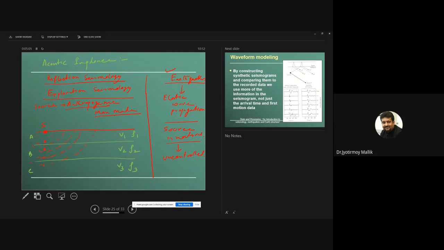The product of the velocity of the elastic wave and its density is called acoustic impedance. So v1 rho 1, or v2 rho 2, or v3 rho 3 is called acoustic impedance. Okay.